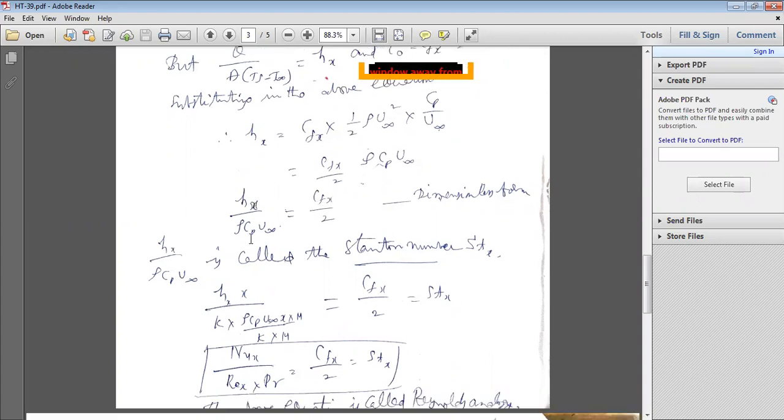So the left hand side, Hx by rho Cp into U free stream, is called the Stanton number, St, at a given value of x, Stx.